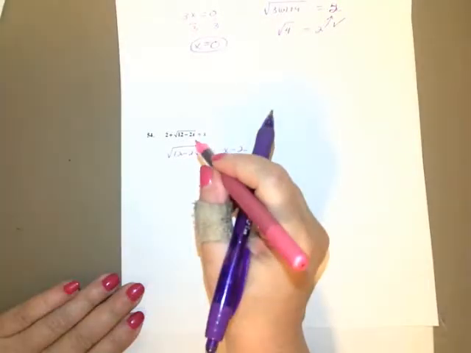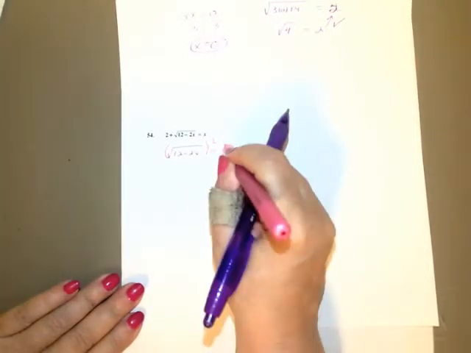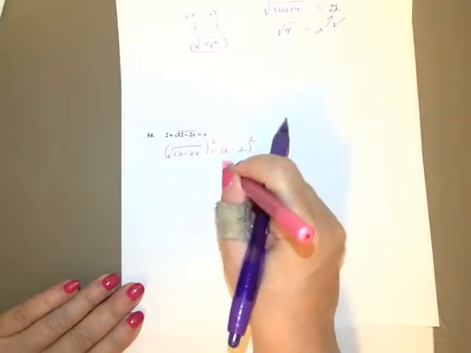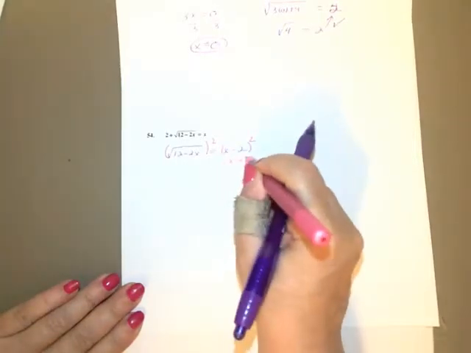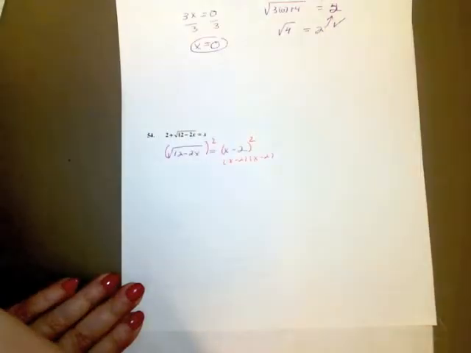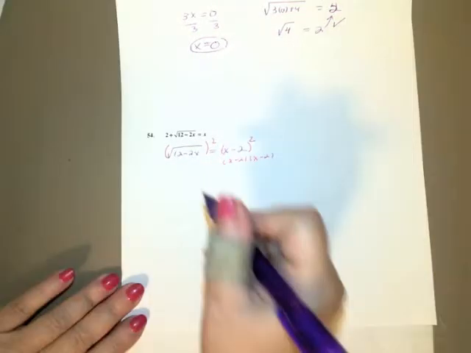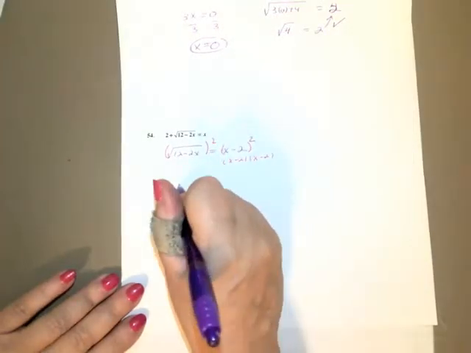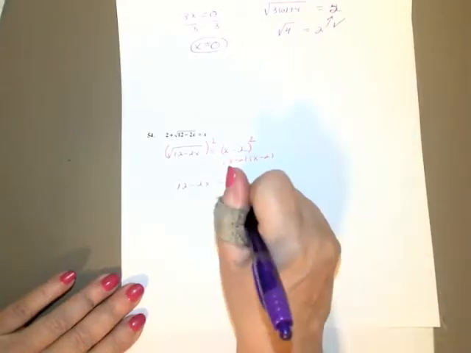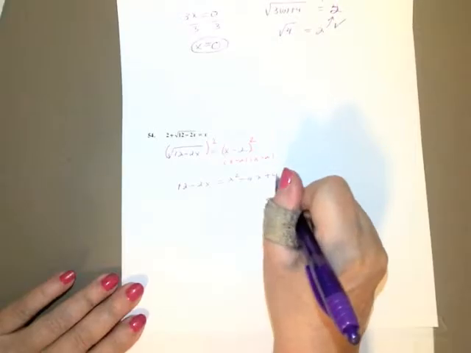Now I can just square both sides because the radical is alone, realizing that what this really is, is x minus 2 times x minus 2. So be very careful. It's not x squared minus 4 or x squared plus 4. So this gives me 12 minus 2x equals x squared minus 4x plus 4.